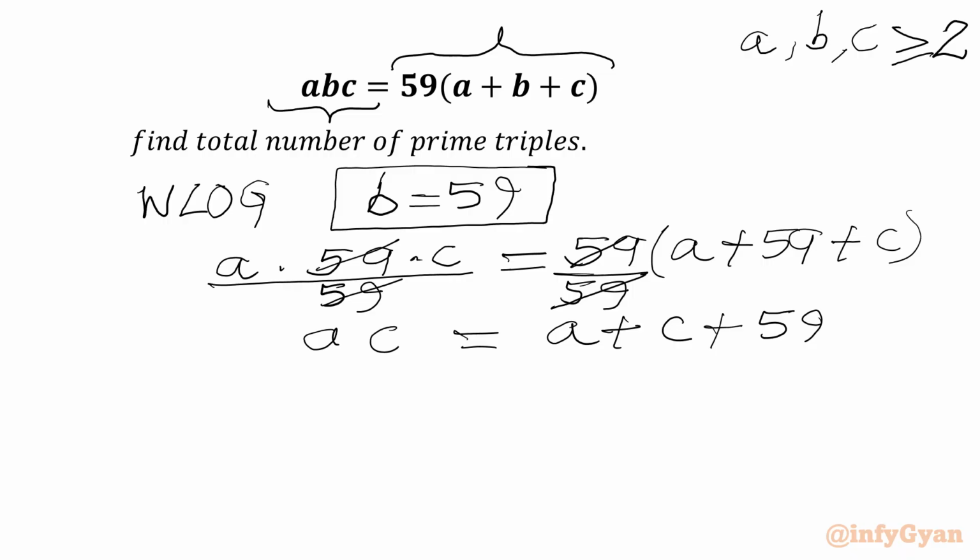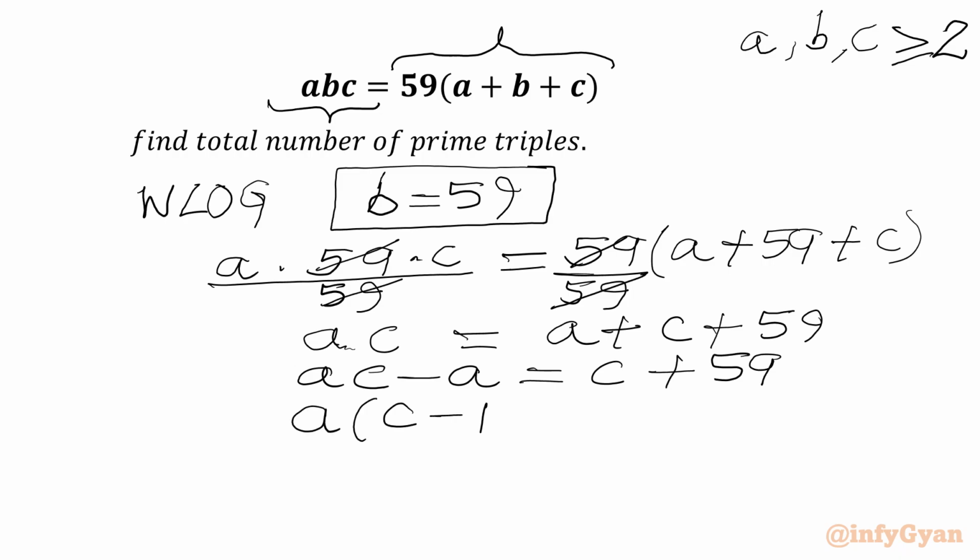Now we will subtract A from both sides. So we can write AC minus A equal to C plus 59. Now A is common, so we write A times (C minus 1) equal to C plus 59.